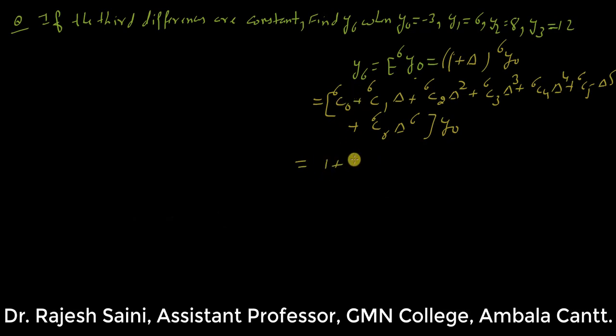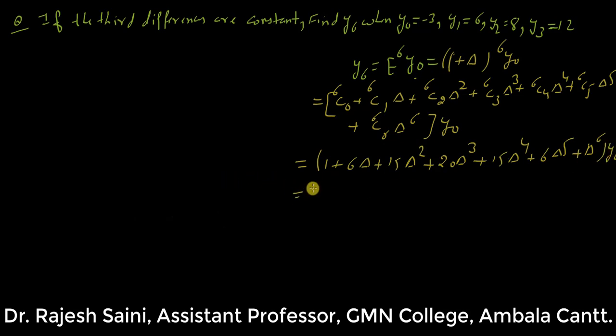This is 1, 6, 15, 20, likewise 15, 6, and 1, and it will be delta 6, and outside is y0.